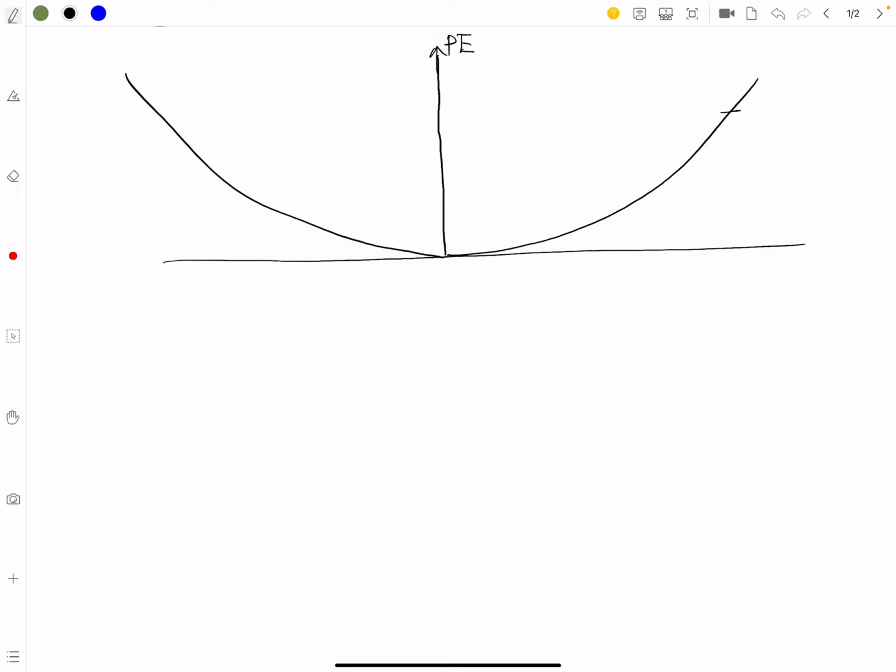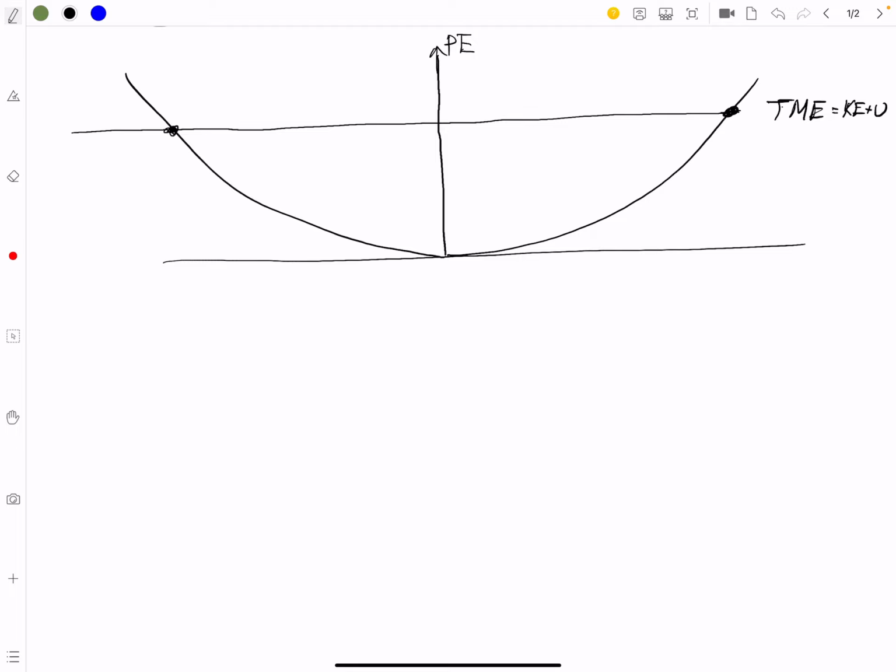We're going to say that our total mechanical energy is here. So we're going to start out with that much potential energy. Total mechanical energy equals our KE plus U.